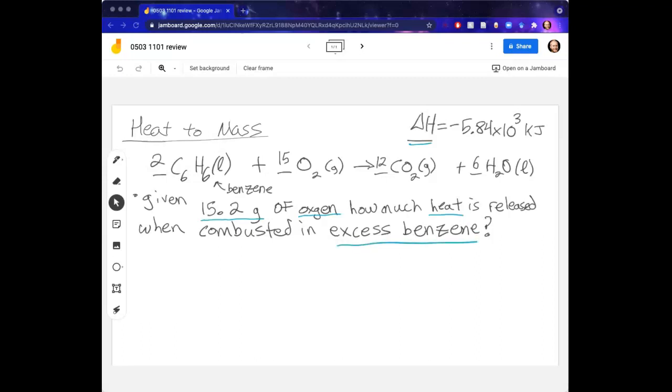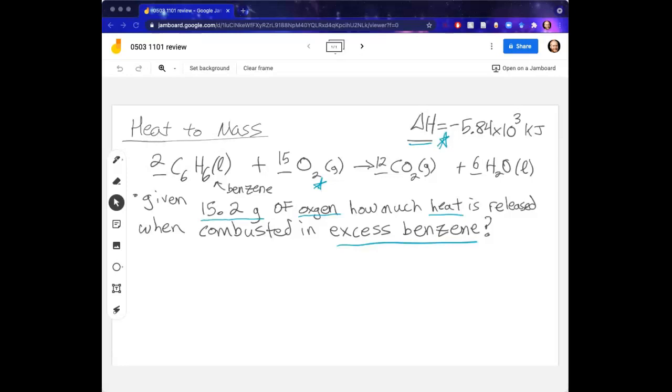So ultimately, what we want to do is set up a conversion, a calculation that enables us to connect the oxygen from the balanced chemical reaction. And I will say that before we started recording, we took a moment to make sure the reaction was balanced. This is where the coefficients came from. But we're trying to set up a ratio between the oxygen and the enthalpy, the heat.